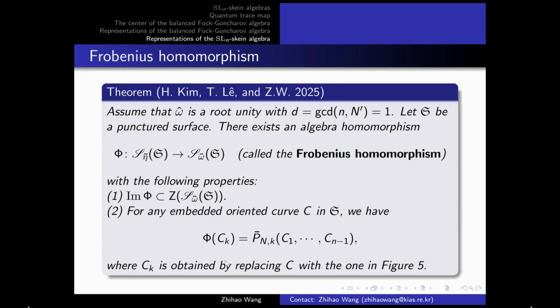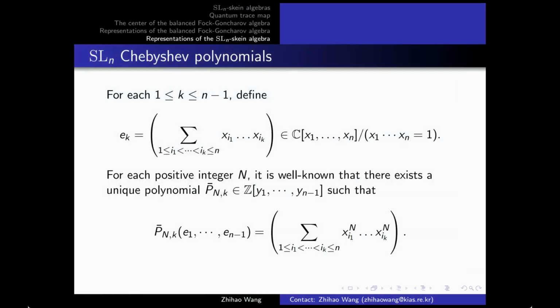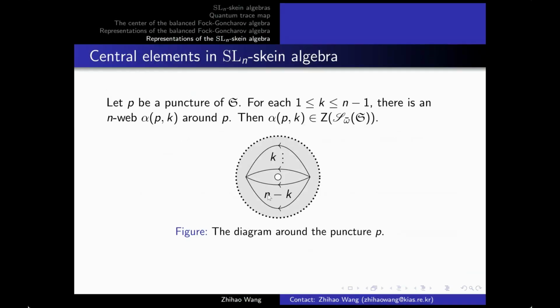CK is obtained by replacing C, which is just a circle, with this picture. Actually, to define CK we need some scalar multiplication, but that is not important. Just imagine CK as replacing C with this picture.